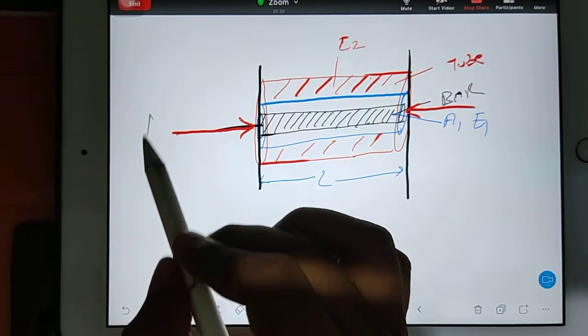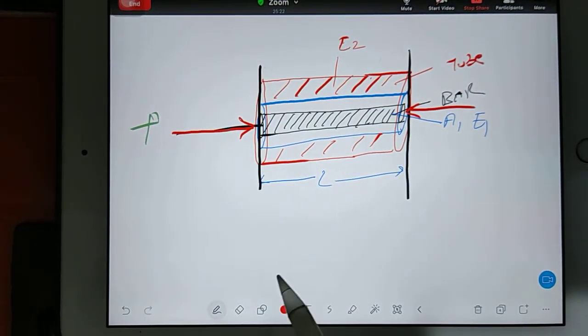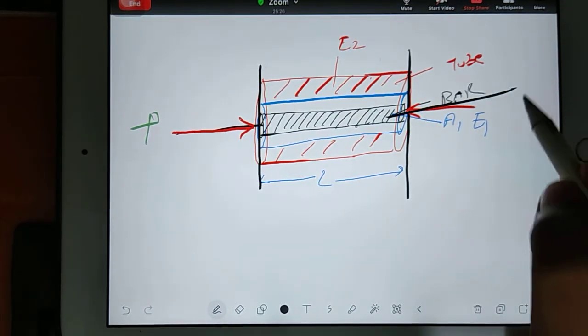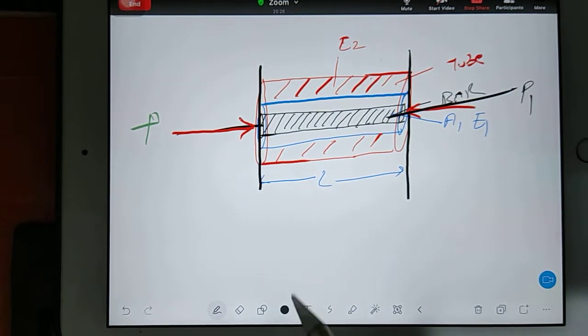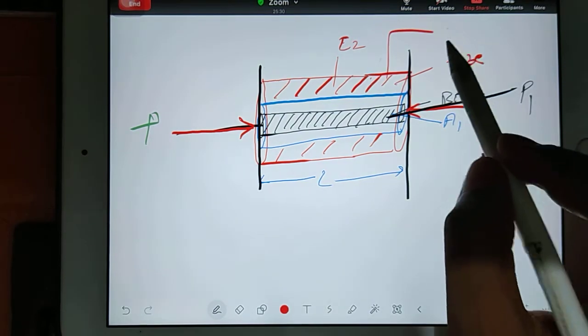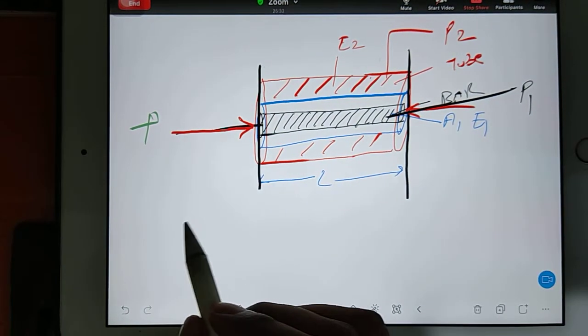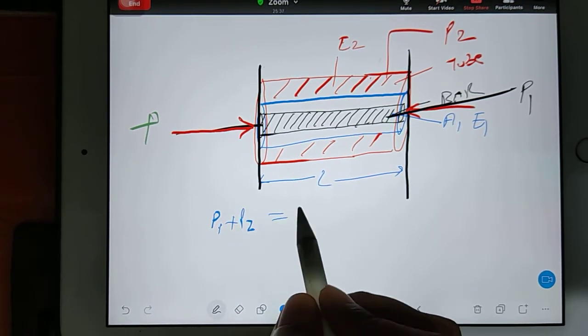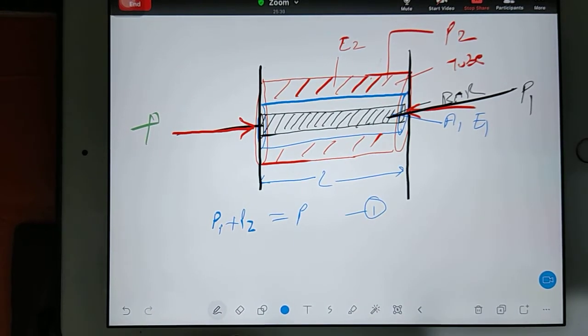So suppose you are applying P loading. Imagine this black color bar is experiencing P1 loading, and this red color bar is experiencing P2 loading. So from the force conservation, from the force law, your P1 and P2 come from P, so you got equation 1.